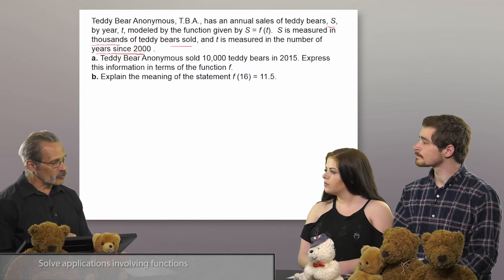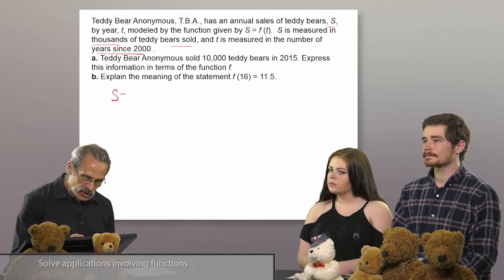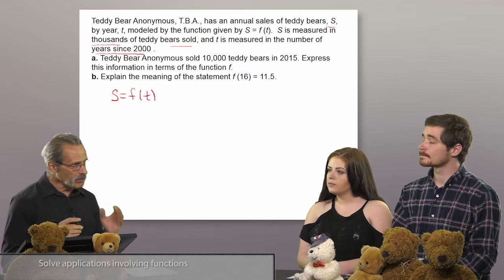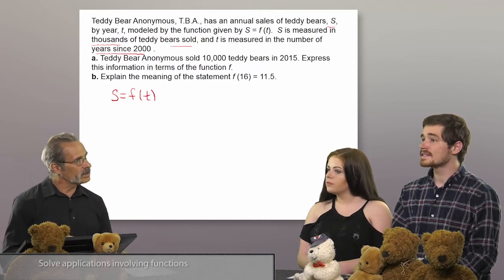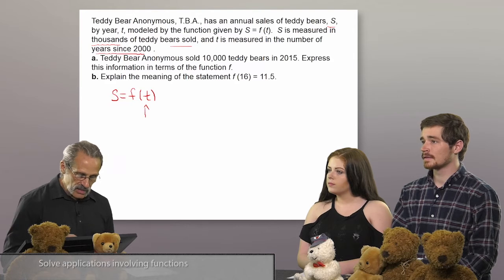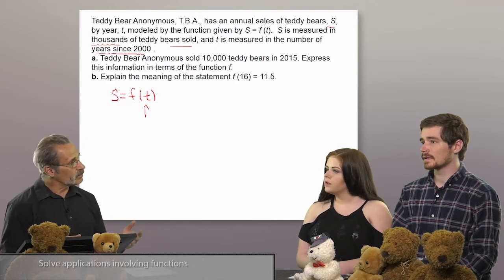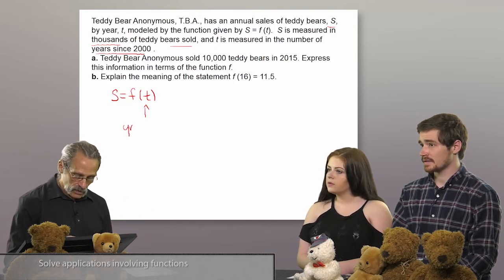So the first thing I'm going to do is write down S is equal to f of T, because that's what we're told. My input variable is T. T represents what? Years since 2000. Very good.